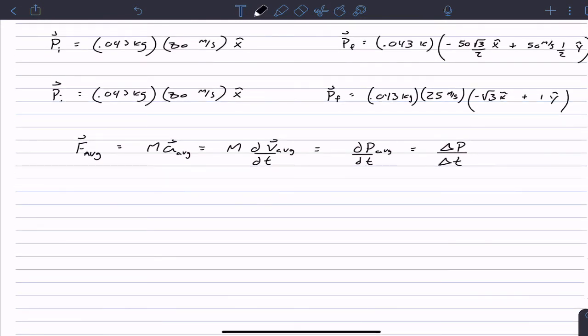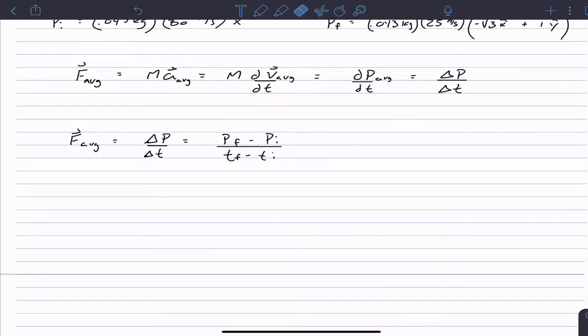So let's use that, because we have all of the information we need to solve this. So now let's go back here. Average force vector equals delta p over delta t. This is going to be p final minus p initial over time final minus time initial. And so let's do this.